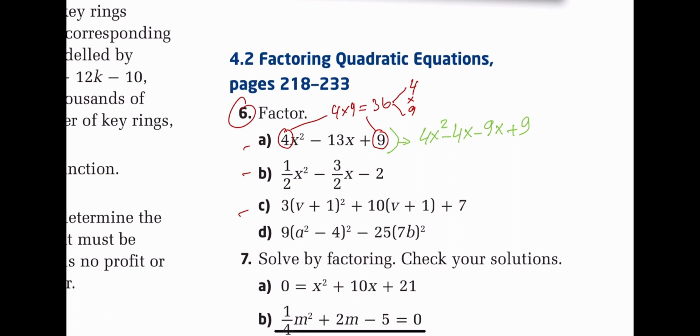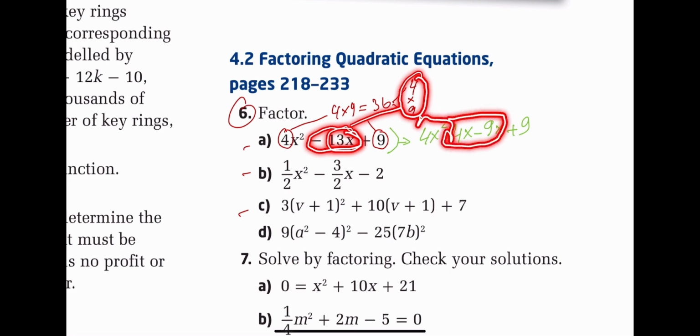What I did here is change my minus 13x into minus 4x minus 9x, which you can see here.